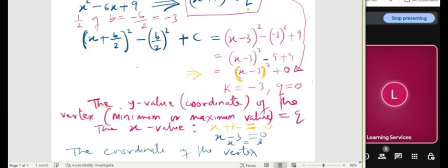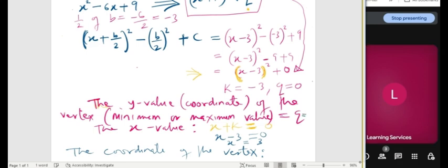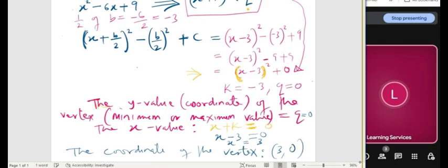In this question, the coordinate of the vertex is what? Remember, what's Q here? 0. So the coordinate of the vertex is 3, 0.